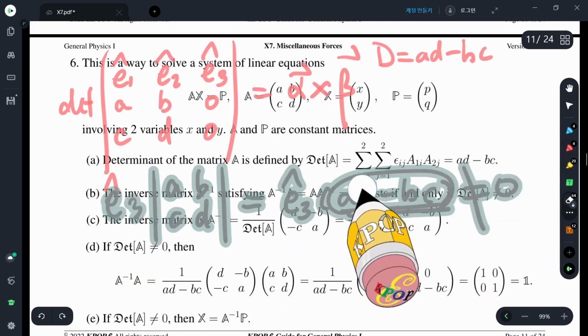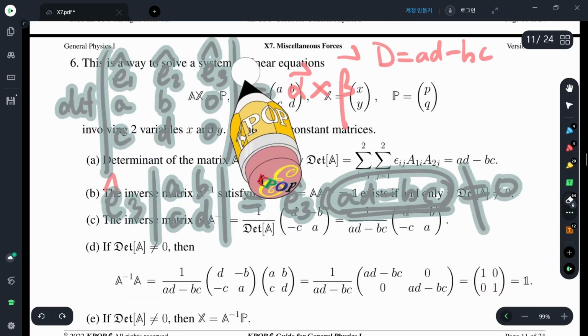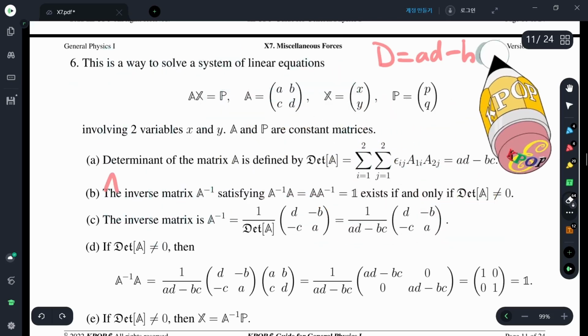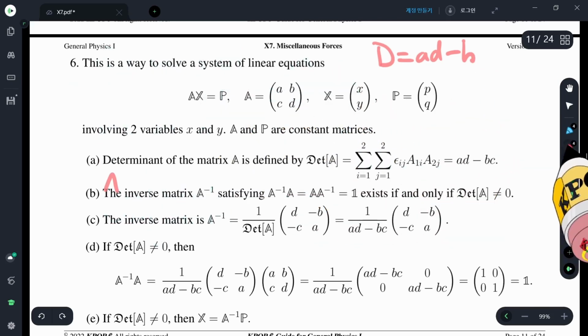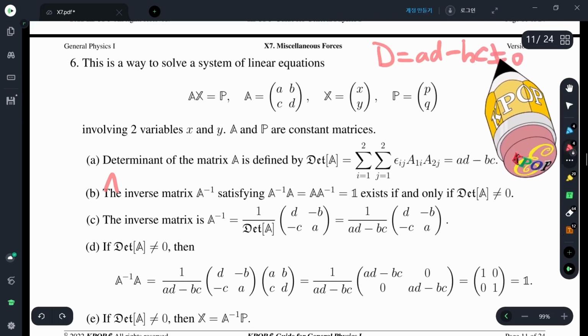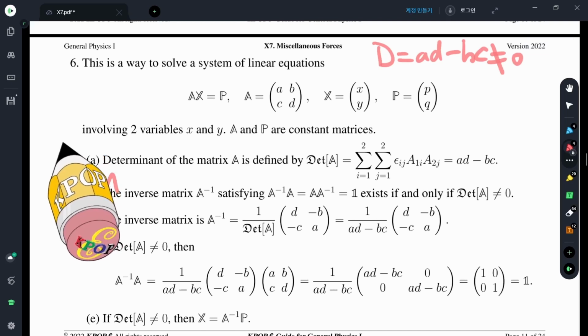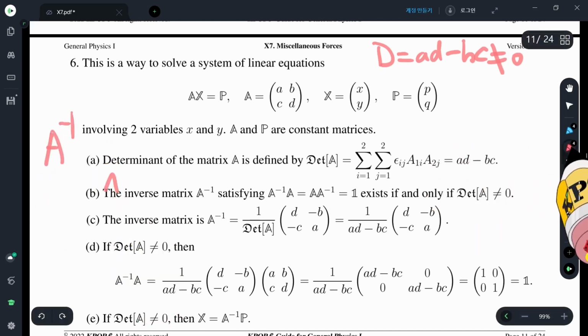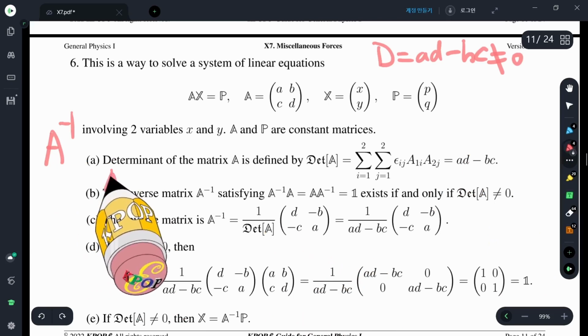All right. So to simplify our analysis, we assume that the determinant is non-zero. I would write this inverse matrix in units of determinant.